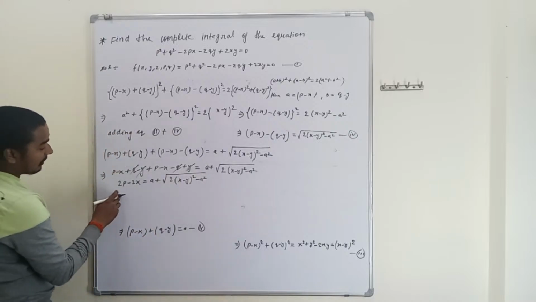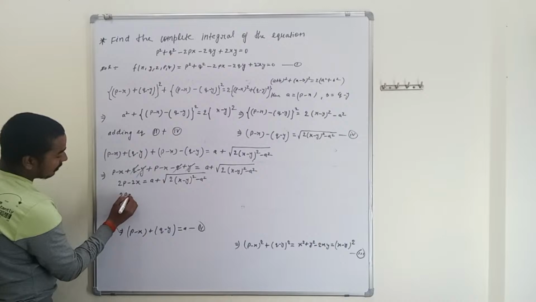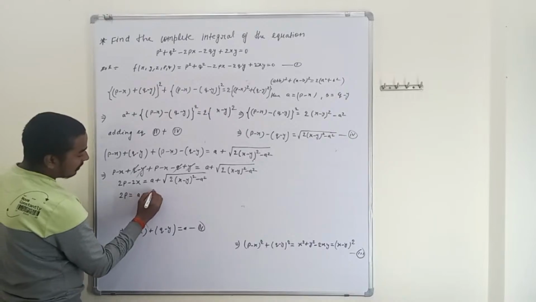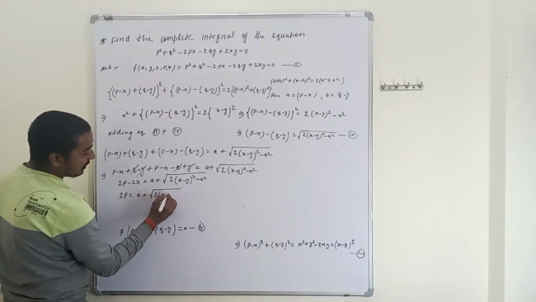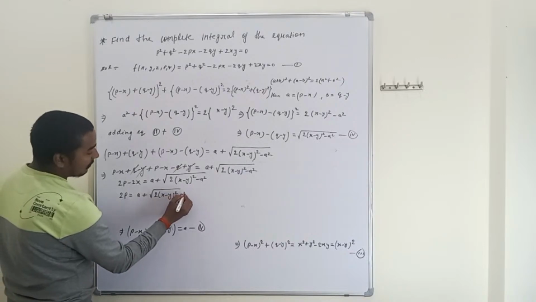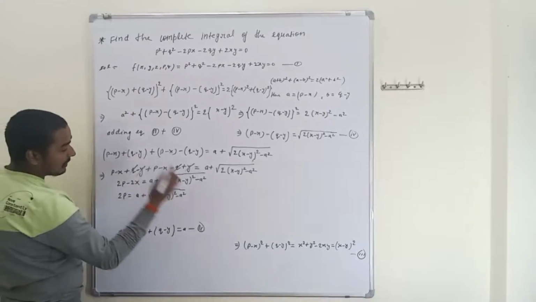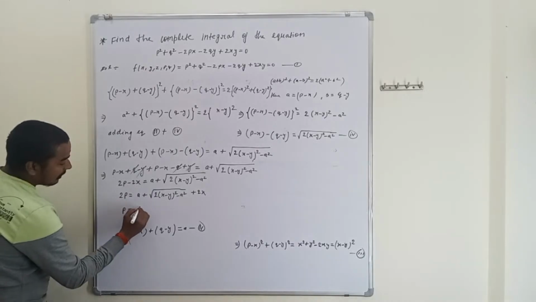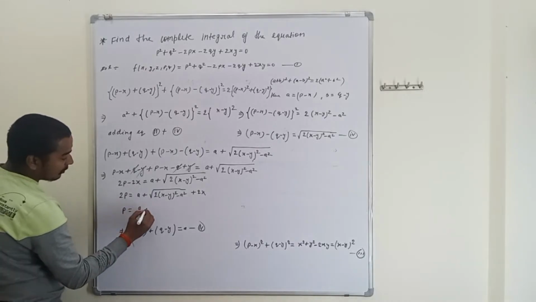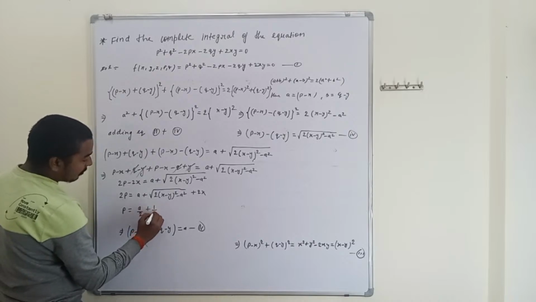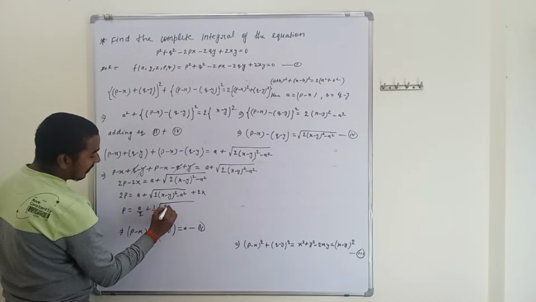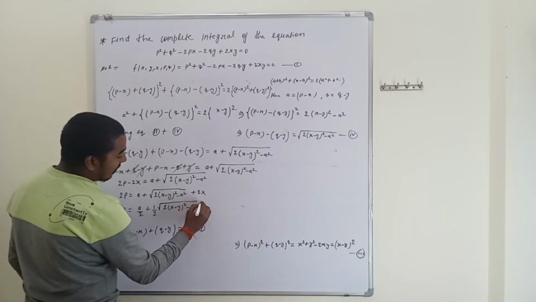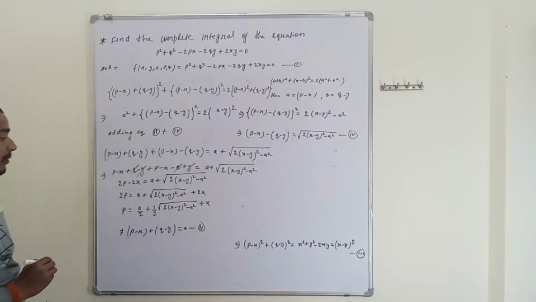From here we have to find the value of p, that is 2p is equal to, minus of 2x is taken into right hand side, that is a plus under root of 2 x minus y whole square minus of a square, and minus of 2x is taken to right hand side, that is plus of 2x. And from here, that is p is equal to a by 2 plus of 1 by 2 under root of 2 of x minus y whole square minus of a square and plus of x. This is the value of p.